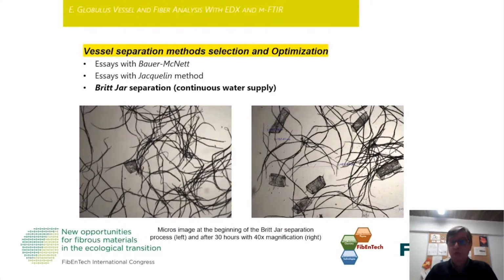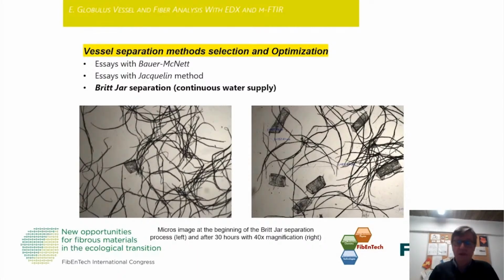What was the problem with this system? Besides the high consumption of water and long time, there was also a residual high quantity of long fibers that must be separated.